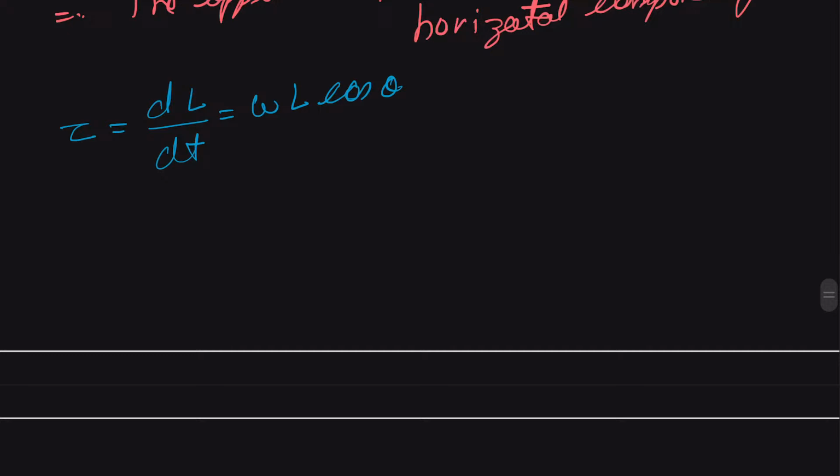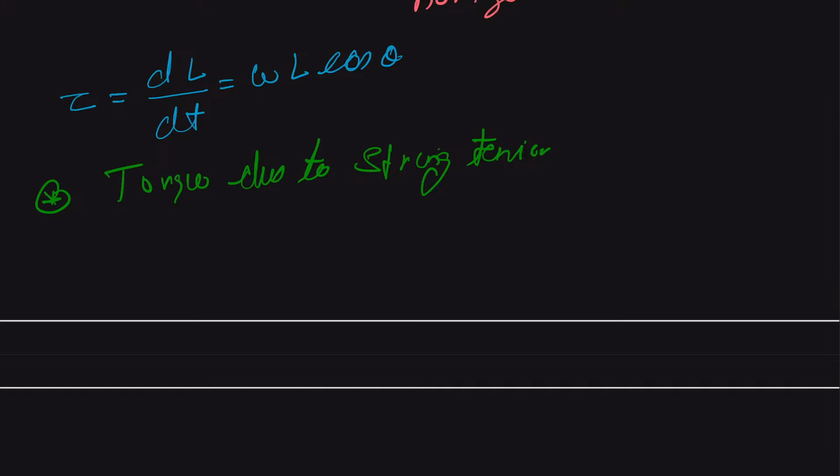So we have to remember that our torque due to string tension, and there are two strings each having tension T. Therefore we can say that torque due to string tension T about the center of the stick.